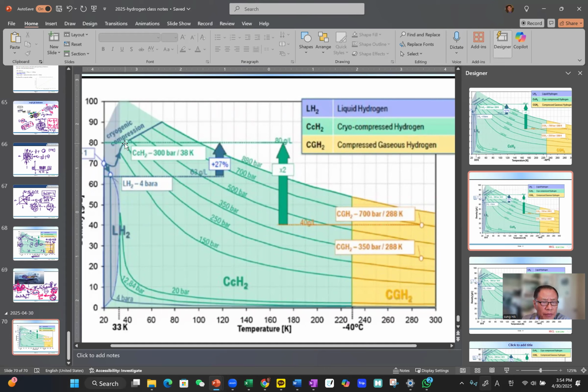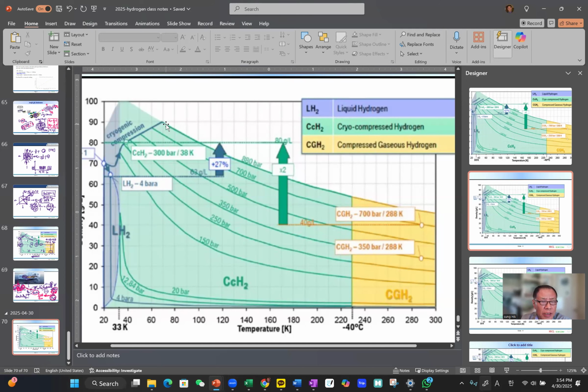Along this line, the temperature can be a little bit higher, but to do so, we have to further increase the pressure. This way we can increase the density, but the safety concern also increases. So that's not the main point of the CCH2.